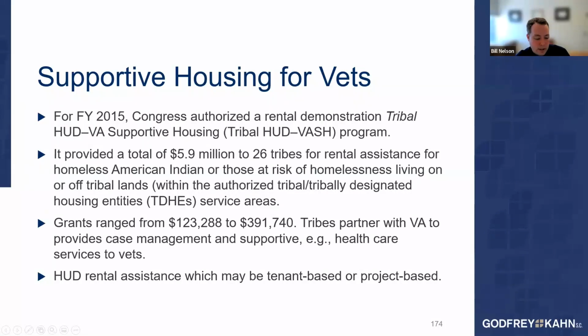But just to give additional background and some pros and cons with this program, tribes have had difficulty accessing the general HUD-VASH program because it requires involvement of the VA, and tribal reservations are often remote from VA services. So Congress has authorized a demonstration project specifically for Indian country, which is fully subscribed now, as discussed in the slide, back in 2015.